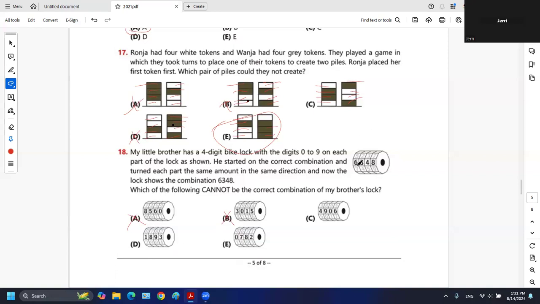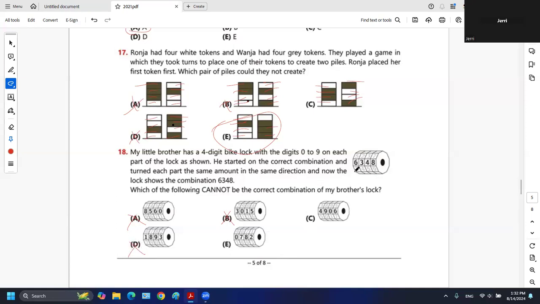And now D. 6 5 4 3 2 1. 3 2 1 0 9 8. Okay. 4 3 2 1 9. Alright, good. 8 7 6 5 4 3. Okay, not the answer.